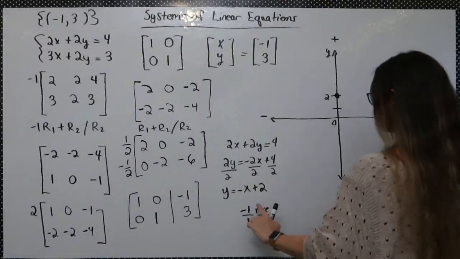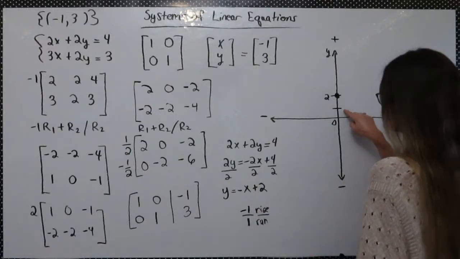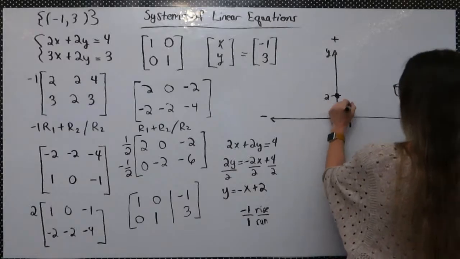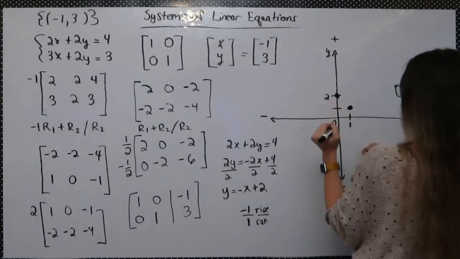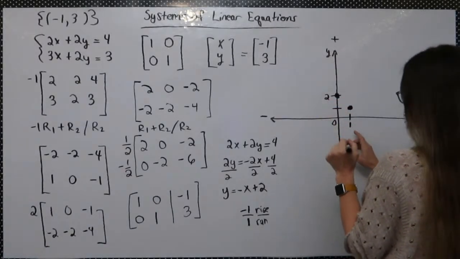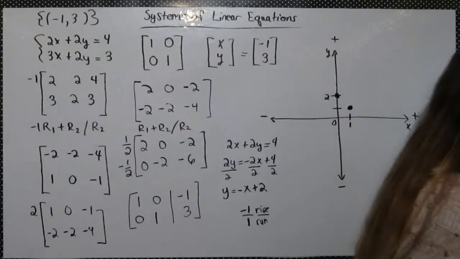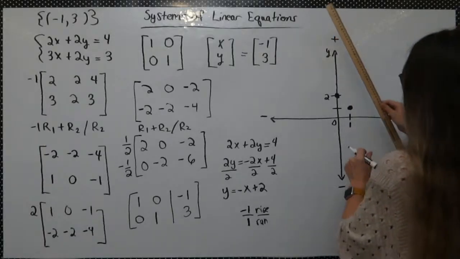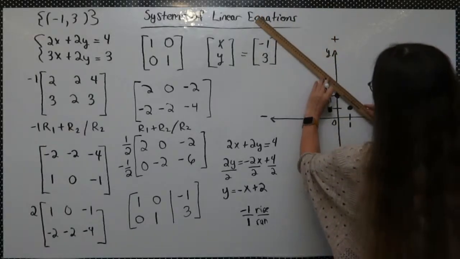So we're going to rise a -1, and then we're going to run a +1. And that's going to put me in another position on my graph right there at 1, 1. And let me go ahead and get my ruler out so I do a pretty good job. The problem with graphing and finding the solution to systems graphically is just getting an accurate sketch.